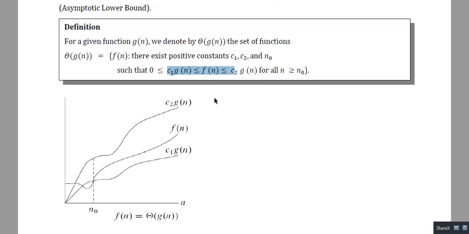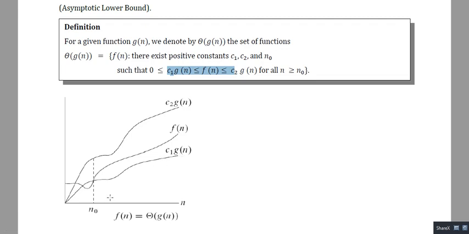So graphically we can represent this theta notation like this. f(n) is theta of g(n) means the value of f(n) is sandwiched between c1 g(n) and c2 g(n). c1 and c2 are positive constants, right? Now let's say this curve represents f(n), this curve represents c2 into g(n), and the below curve represents c1 into g(n).